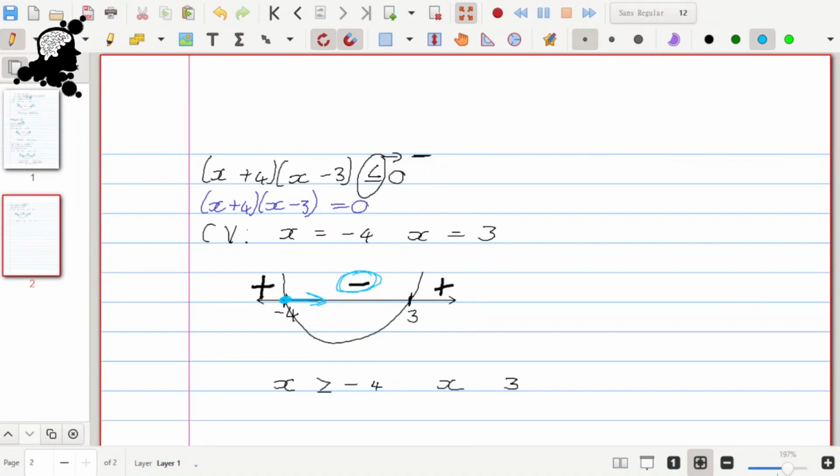Now, when I'm at positive 3, I need to move to the left to get to the negative sign. When I'm moving to the left, x values are decreasing, so x is less than or equal to 3. Once again, the two arrows are facing each other. So I could put negative 4 is less than or equal to x, which is less than or equal to 3. There we have it. We have solved the inequality. Life is great, you guys.